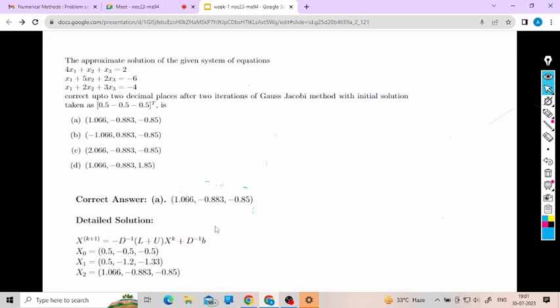So what are you getting after the second iteration? Are you getting the answer same as 1.066, then minus 0.883 and minus 0.85? Or is it coming different?